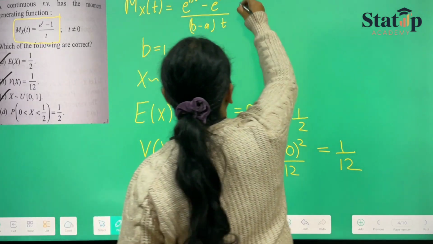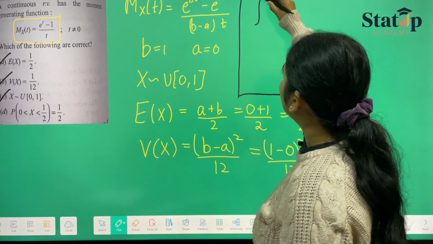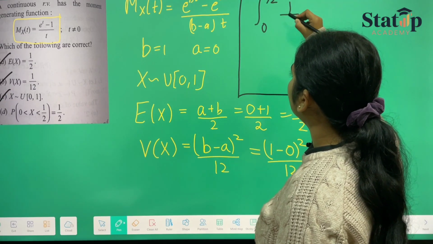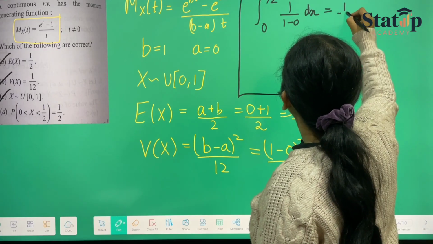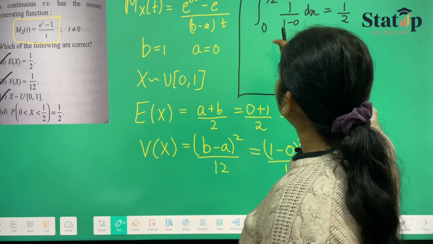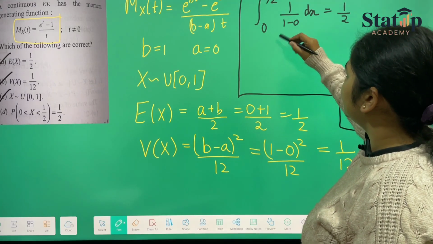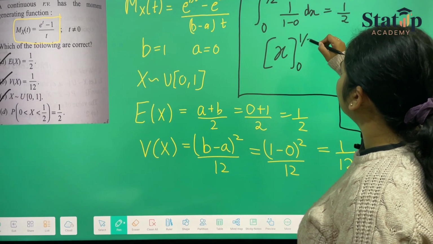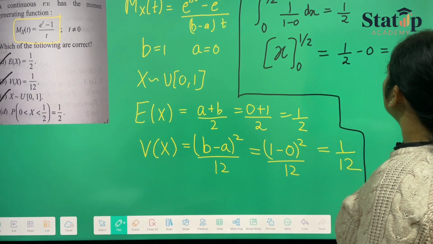If we take this into consideration, probability from 0 to 1 by 2 of f(x), which is 1 upon b minus a, 1 minus 0, dx should be equal to half. And if we see the LHS, then if we integrate 1, it will be x with the limits 0 and half, which forms half minus 0 is equal to half.